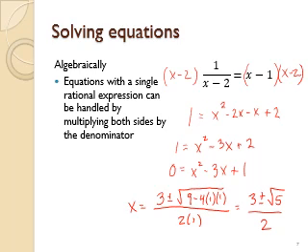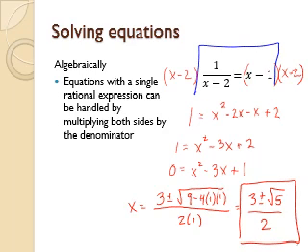And that is simplified. And I hope you realize that that is 2 solutions. So you have 3 plus the square root of 5 divided by 2, and you have 3 minus the square root of 5 divided by 2. So if we were to go back and look at the original equation and consider it by graphing, if you were to graph these two functions, you would see that they cross in two different places.